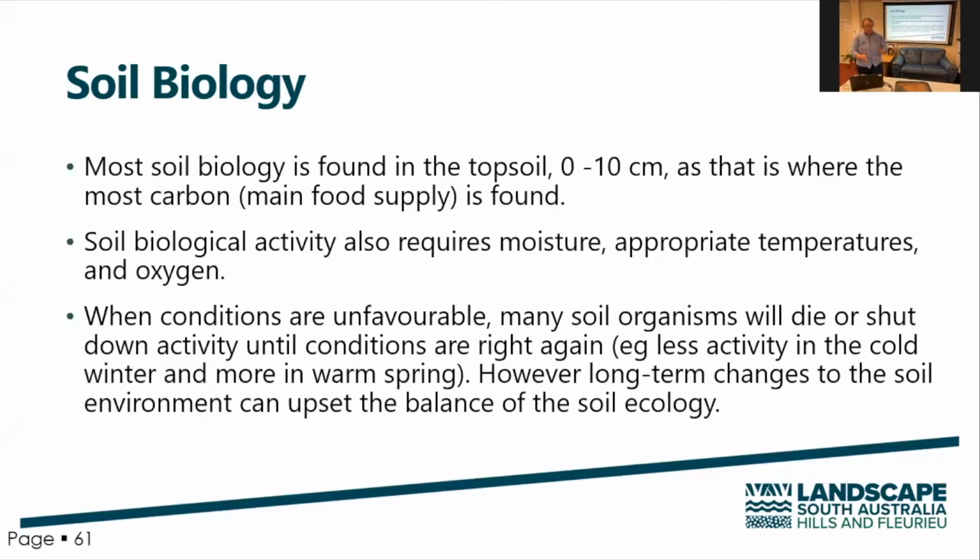Soil biology, most of it's found in the topsoil, that top 10 centimetres, because that's where their main food supply is. A lot of their food supply comes in from stuff that lands on the surface. The biological activity also needs moisture, the right temperatures, and oxygen.